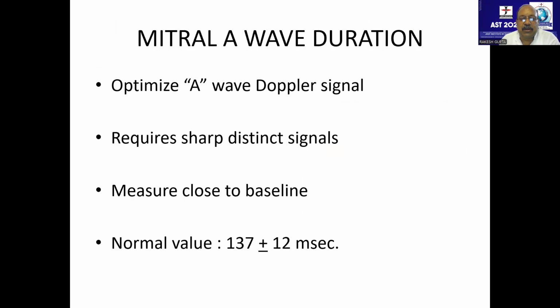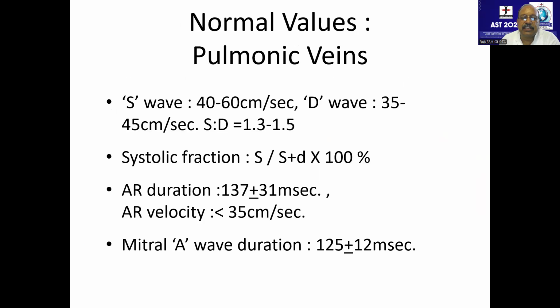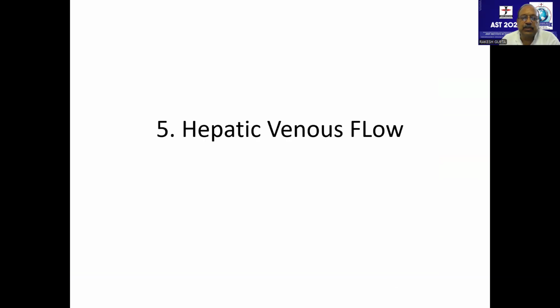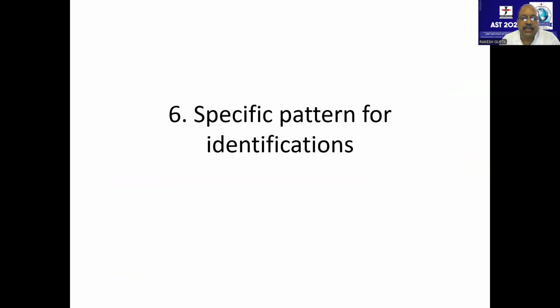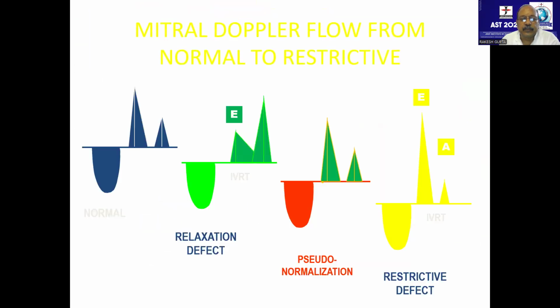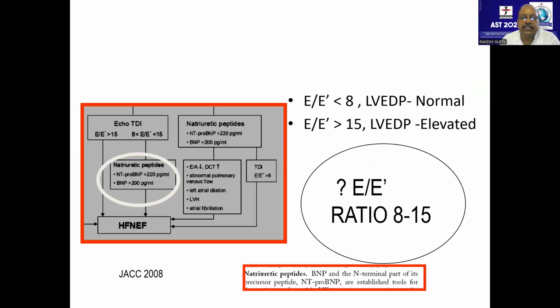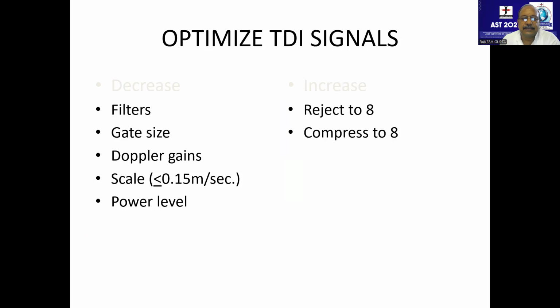So what we are talking about is the 2016 model of diastolic function evaluation. Just give me a second. I'm trying to go to that particular format so that you can understand what is meant by interpretation of these pressures in clinical practice.